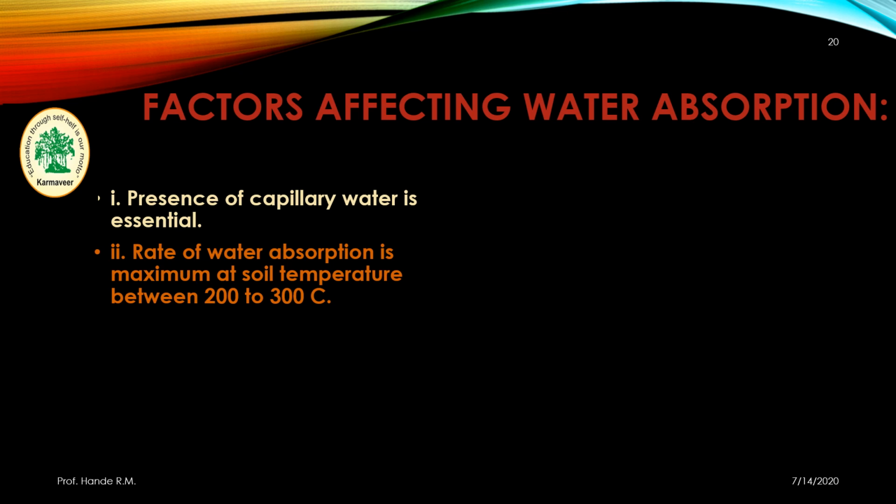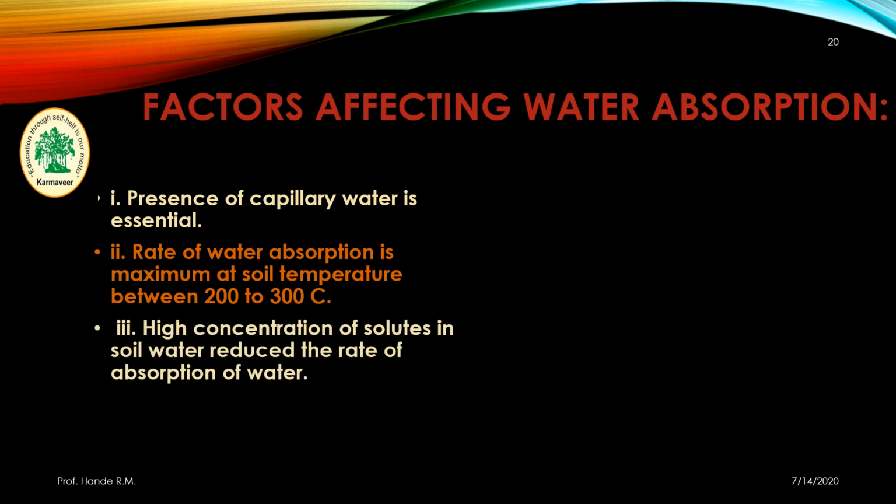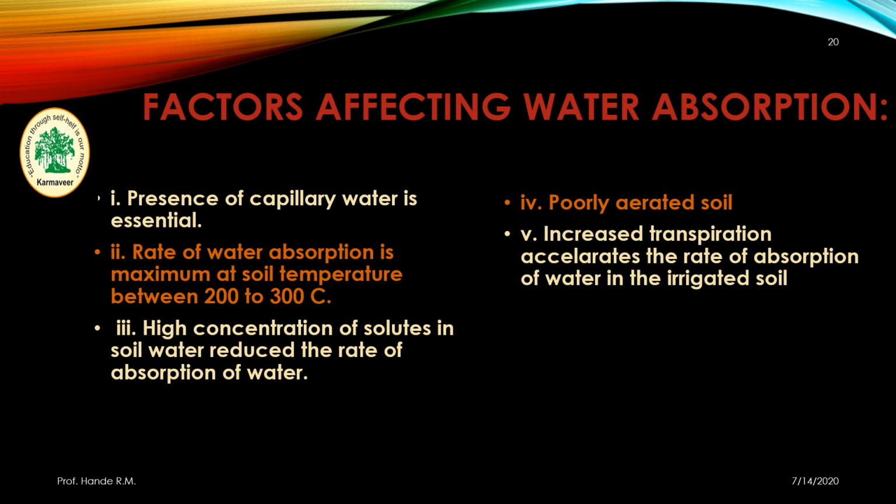Third, a high concentration of solute in soil reduces the rate of absorption of water. Fourth, poorly aerated soil shows a poor absorption rate. Fifth, increased transpiration accelerates the rate of absorption of water in irrigated soil. These are the factors which affect water absorption.